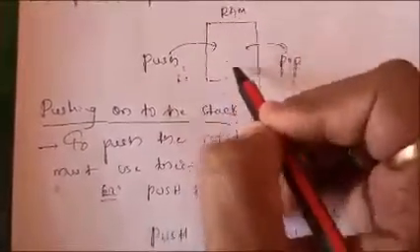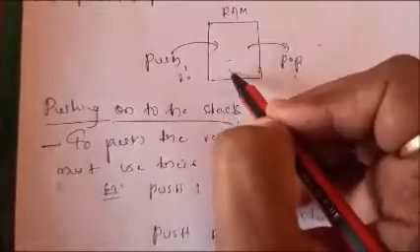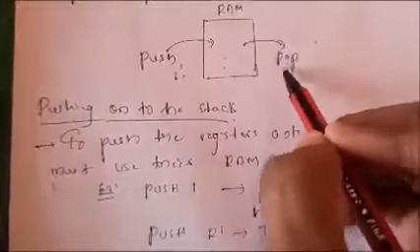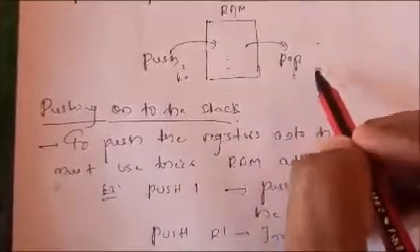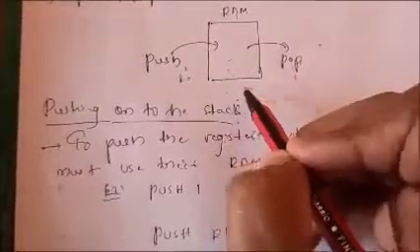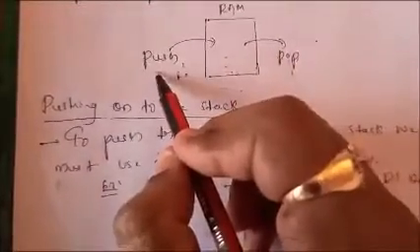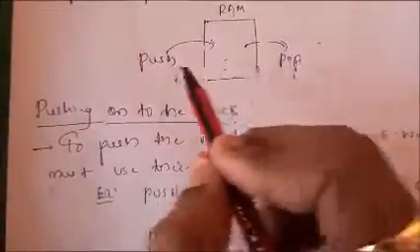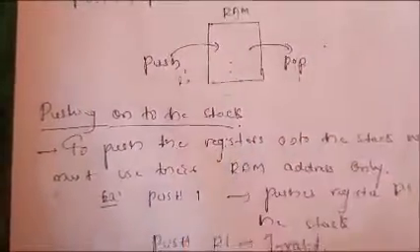The length of the stack gets decremented by 1, so pop performs a decrement by 1 operation. The length of the stack is reduced, whereas push increases it. This is the difference between push and pop.